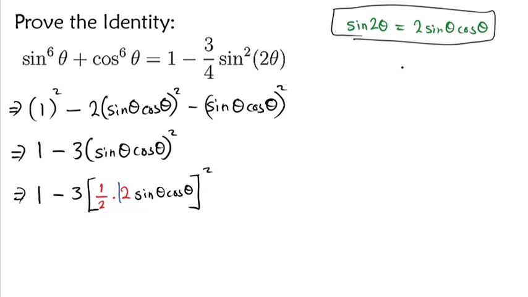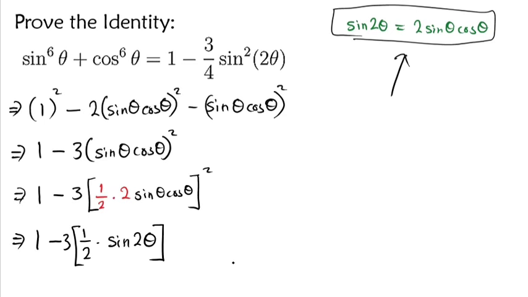So now, applying this identity, this now becomes 1 minus 1 over 2. There's a 3 here. This identity applied gives us sine 2 theta, like that.